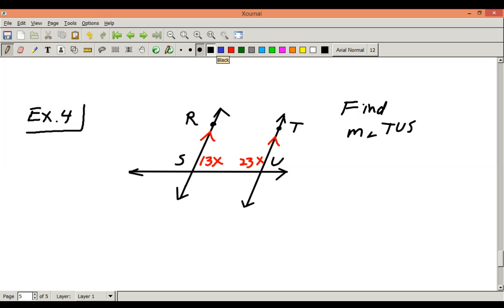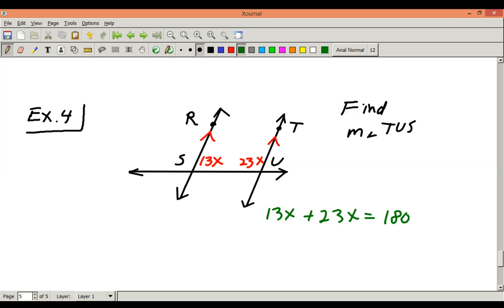So they're same side interior. Pull out the theorem: if two parallel lines are cut by a transversal, then same side interior angles are supplementary. So that means we need to write an equation saying that those two angles add up to 180. So we got 13x plus 23x equals 180.